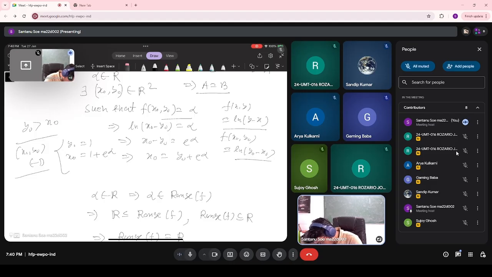Yes, this is the point: y0 equals 1 and x0 equals 1 plus e to the power alpha.